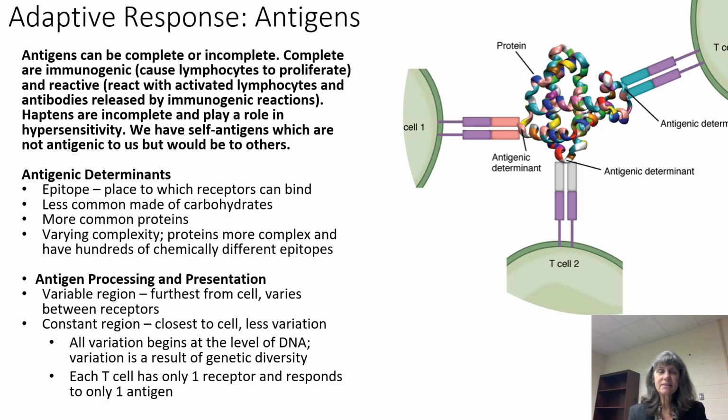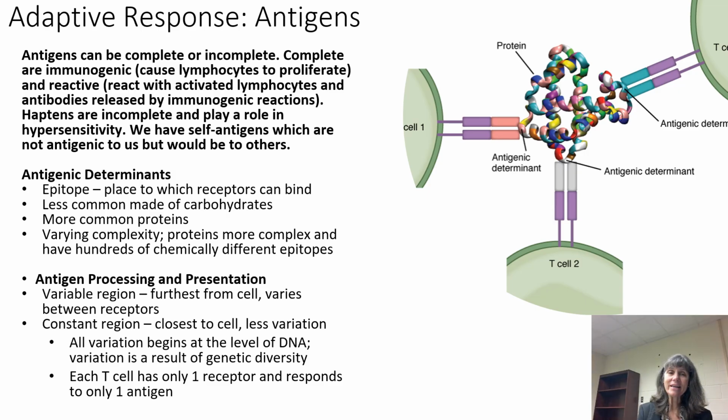Now, antigens can be complete or incomplete. Complete antigens are referred to as being immunogenic because they cause lymphocytes to proliferate and become reactive, where they react with activated lymphocytes and antibodies that have been released by an immunogenic reaction.